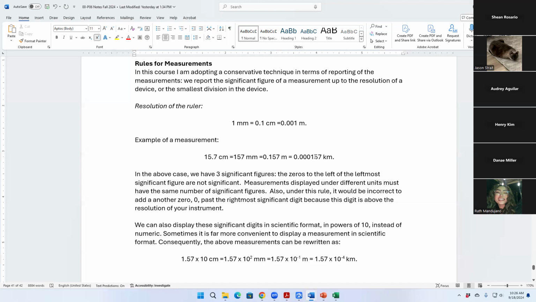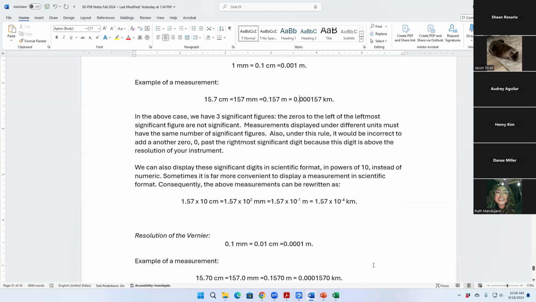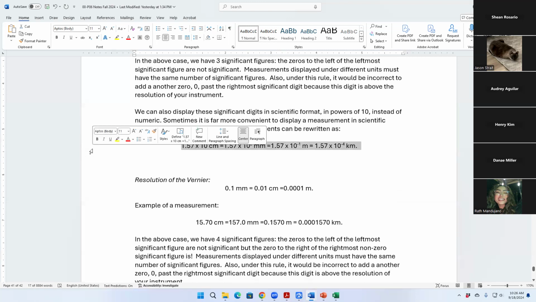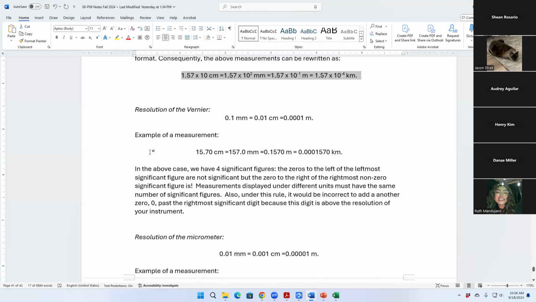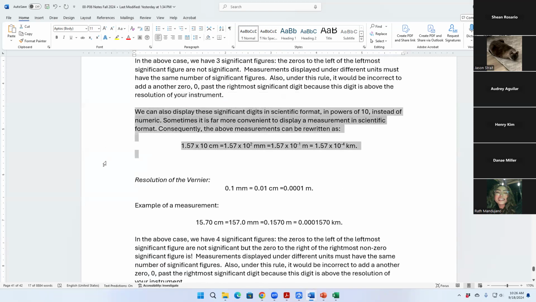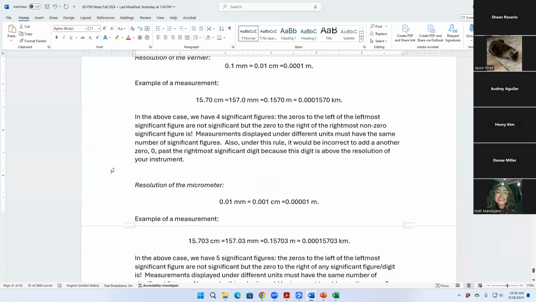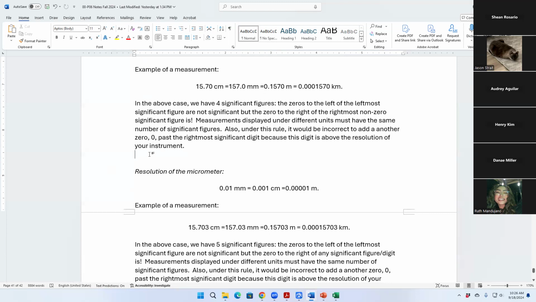Let's see if it's 10 to the minus 4. 1, 2, 3, 4. Yeah? 10 to the minus 4. And then we repeat the same for the other ones, right? There you go. Same script.